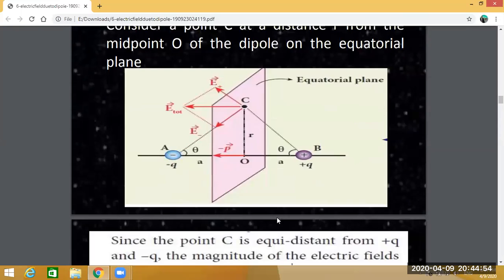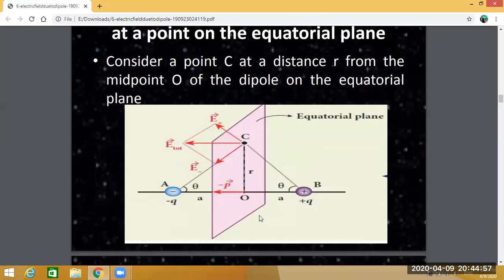In the same way, here is a system of two charges. In order to calculate electric field at a point in space due to a system of two or more charges, we apply the superposition principle. In superposition, first of all, we determine the electric field at point C due to the charge at B. This electric field is denoted by E plus because it is due to the positive charge.